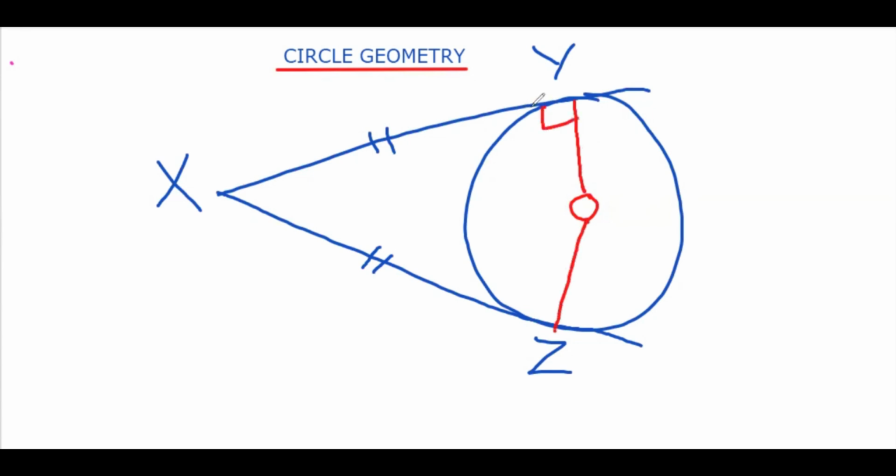This other radius OZ, another 90-degree angle. If this one is R and this one is R, that will make this quadrilateral XYOZ a kite, because the sides XY and XZ are already said to be equal, and we also have OZ and OY equal because they are radii.